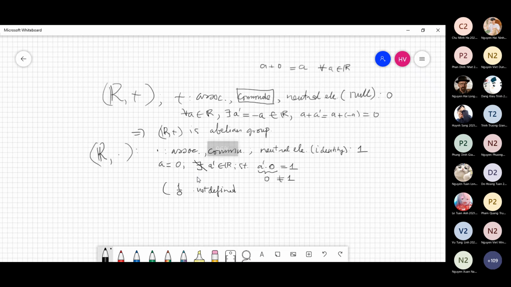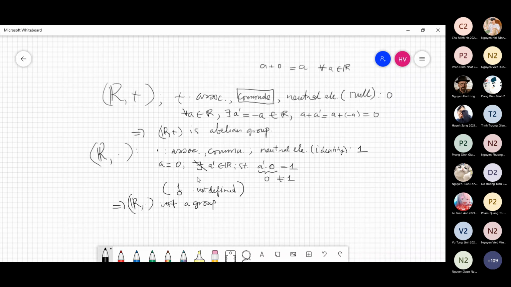And therefore, we obtain that this is not a group. What should we do if we want to obtain a group? We have to change this R now.